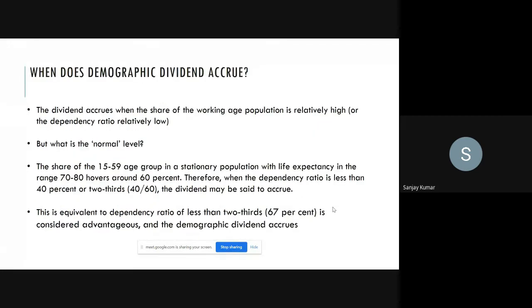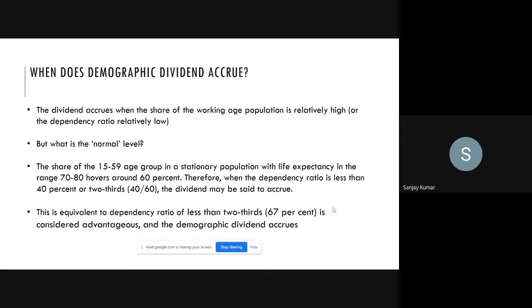Now, just to give you a flavor of how we estimate when this window of opportunity in our country is going to open, how long it will be open, and when it is going to close. We do some demographic analysis, and we take the 15 to 59 age group as the working age population. We can also consider 20 to 64 or 20 to 59, whatever. The percentage varies a little, but I'm just giving you an example of the 15 to 59 age group.